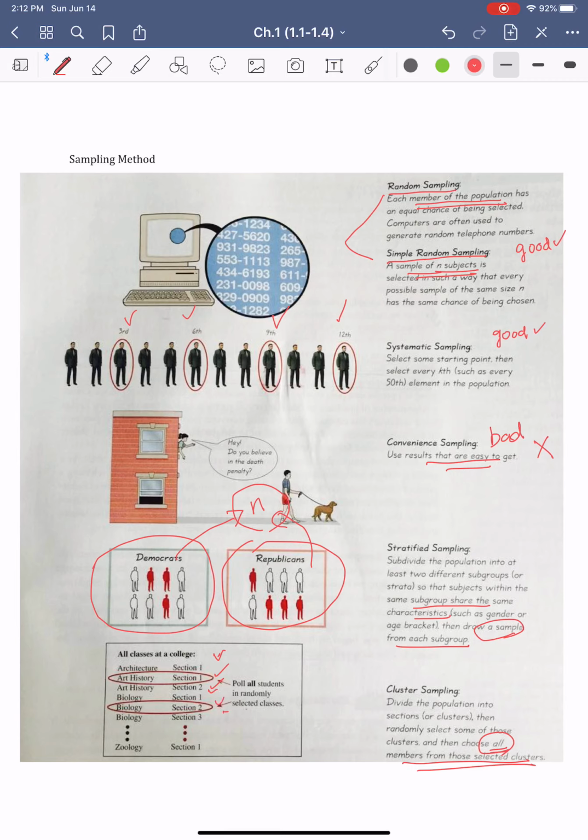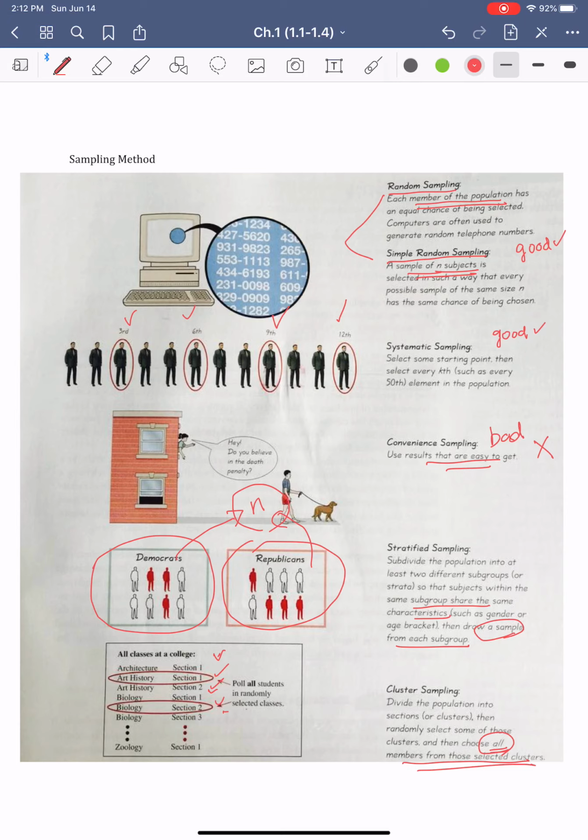And then what happens is you pick a cluster, call it art history section 1, and take all samples from that cluster. And then you go to the next cluster. Oh, I'm picking biology section 2. Then from that, you take all samples from the biology section 2 and that makes up the group.